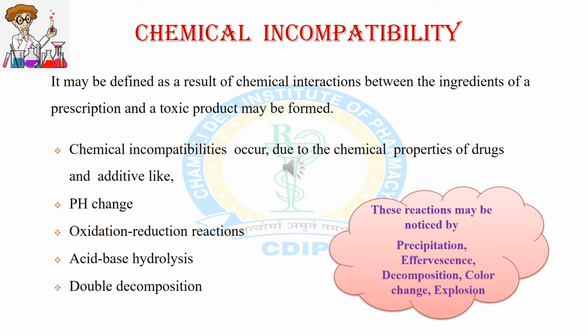A prescription having chemical incompatibility should be dispensed only after its correction by the prescriber. Reactions involved in chemical incompatibilities are precipitation, effervescence, decomposition, color change and explosion. These types of signs may be noticed when chemical incompatibility occurs in a prescription.